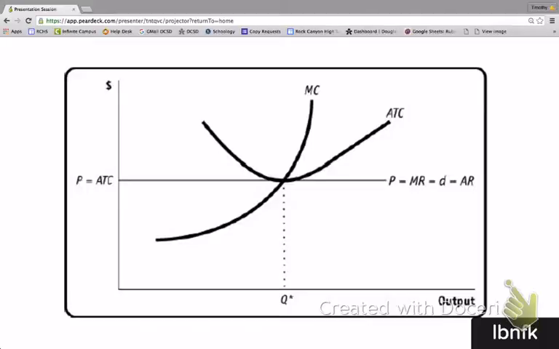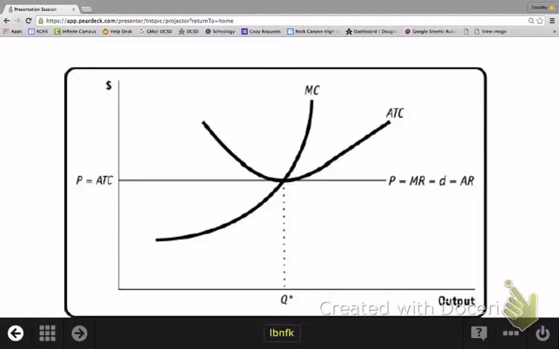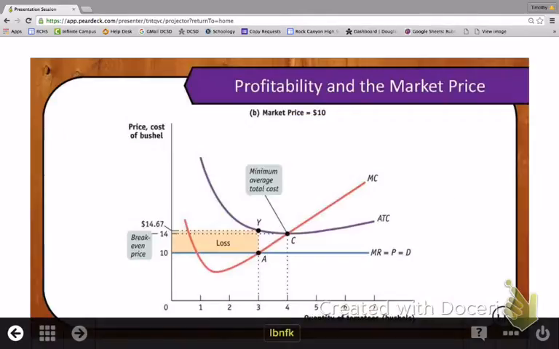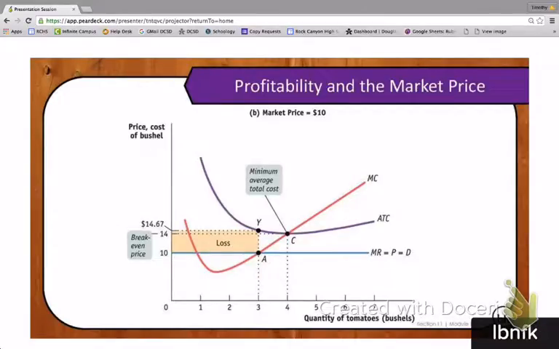So if we go back to this graph right here, we can see that the loss minimizing output is point A, a quantity of 3. And then we go up to the average total cost curve to point Y and draw a line over to determine the rectangle and calculate the area of economic loss.